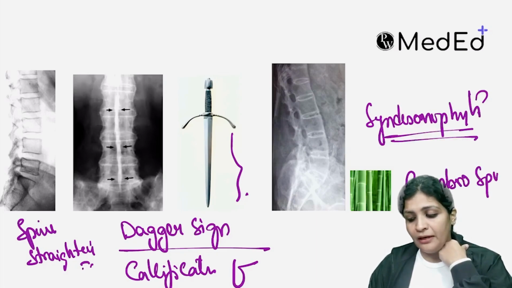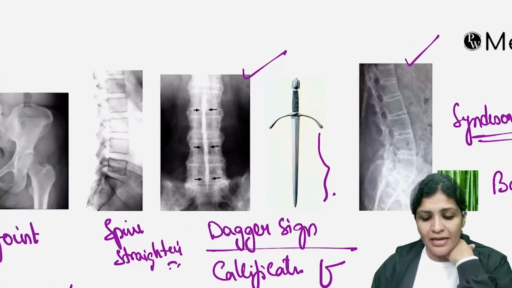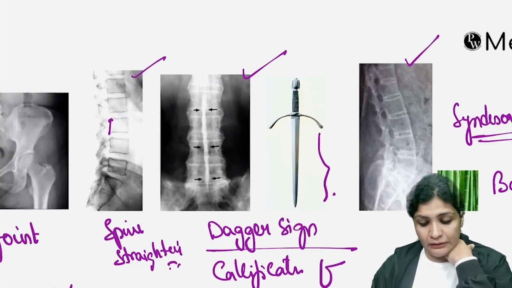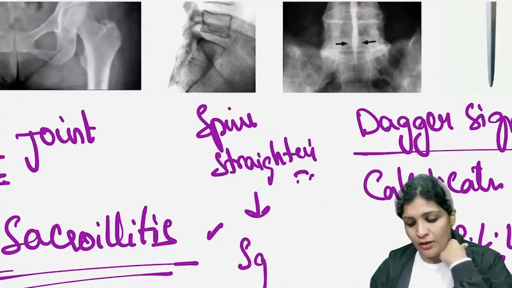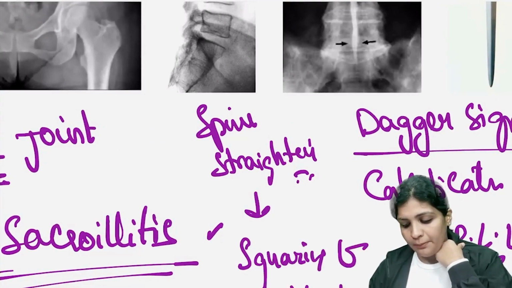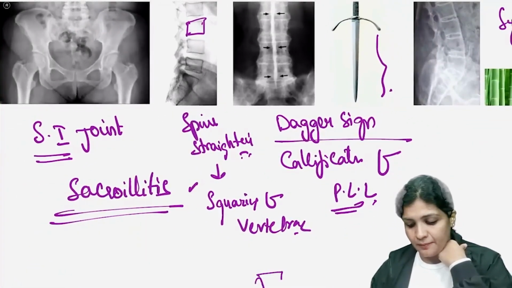Very, very important IBQ. So they may put up this bamboo spine or dagger sign, or simply squaring of the vertebrae, called the squaring of vertebrae. That means the vertebrae, usually it is like this.